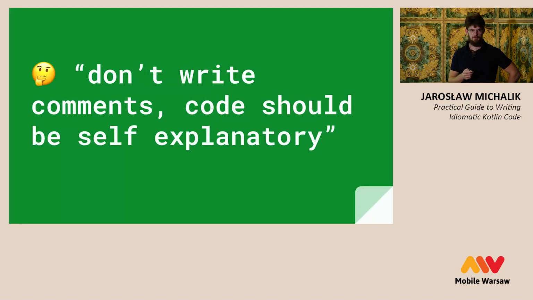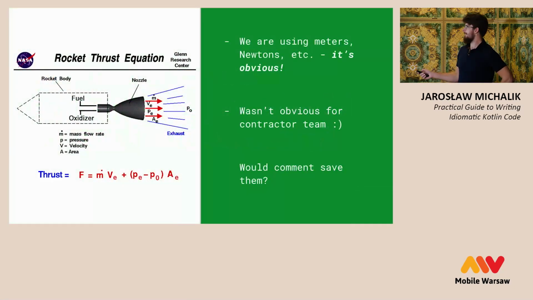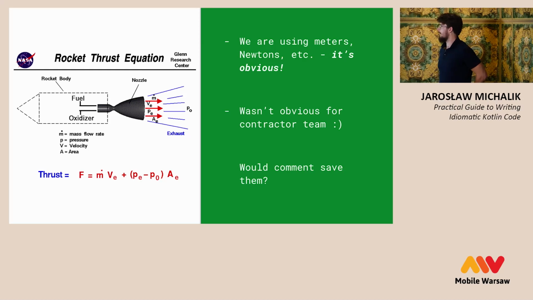And what about comments? Do you think we should write comments? Yes, okay. Because what would happen if engineers in the NASA team or in the contractors' team wrote some comment that, hey, this number is actually kilogram? Maybe there wouldn't be that rocket crash.